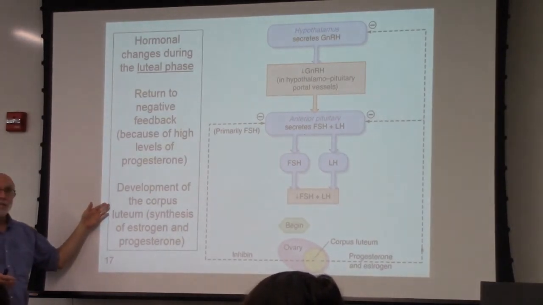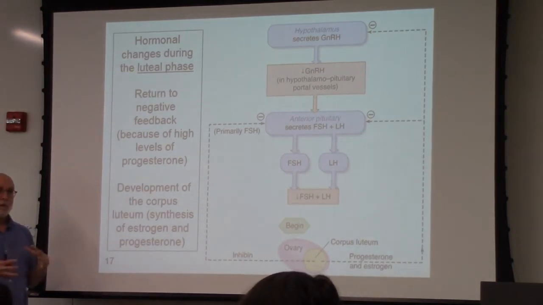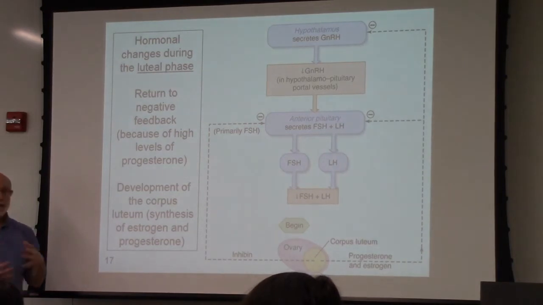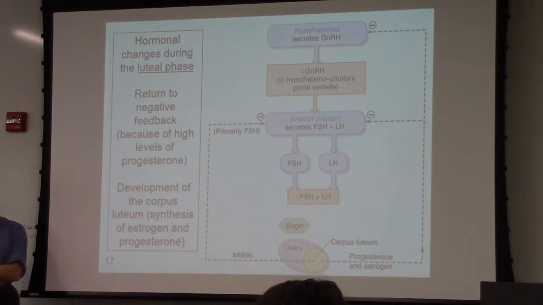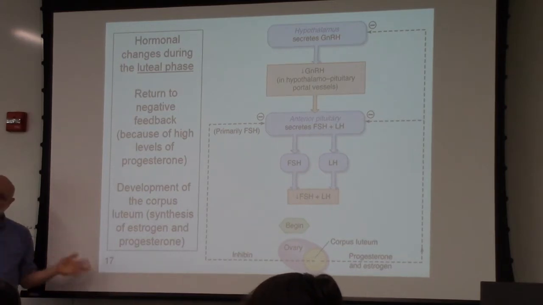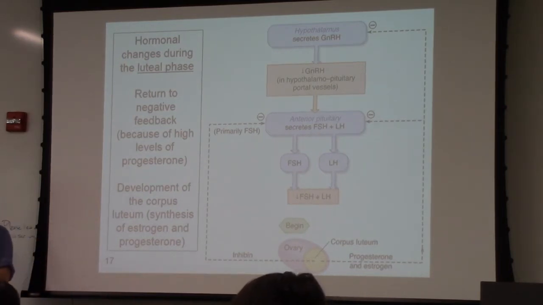So the corpus luteum is the thing during the luteal phase. There's the name of it. The corpus luteum is the most important thing going on during the luteal phase. Development of the follicle is the most important thing during the follicular phase. And the names give you a little bit of information about what is happening during those stages.